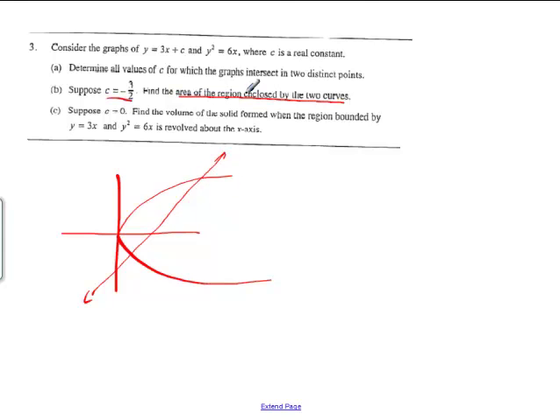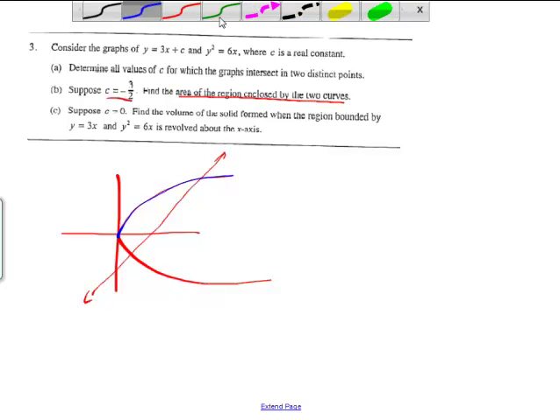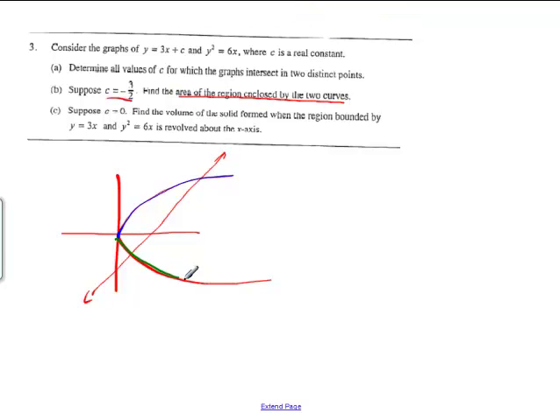So the key to this problem is for us to split up these two graphs into my blue graph and green graph, where the green is y equals negative root 6x.